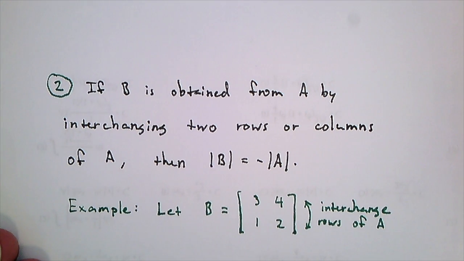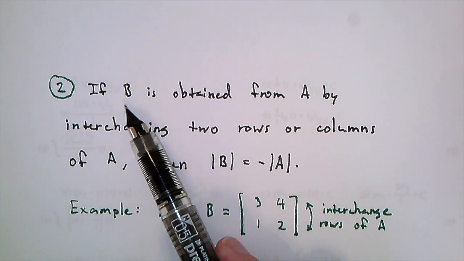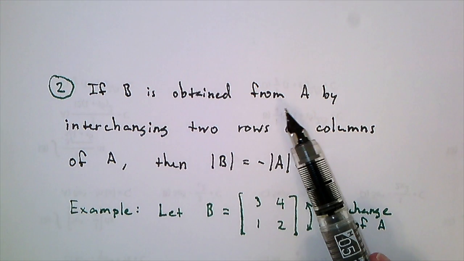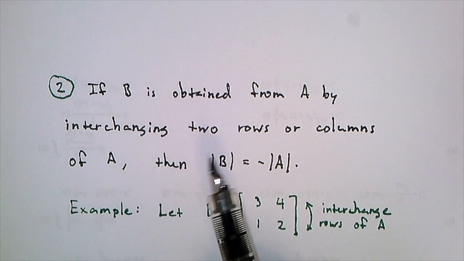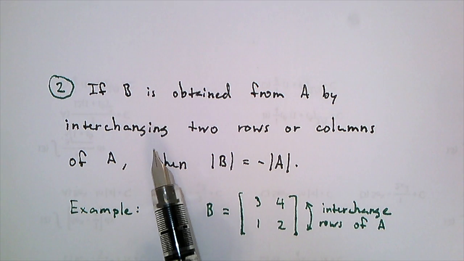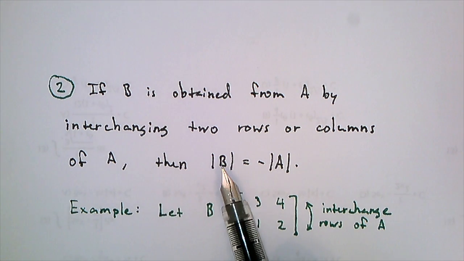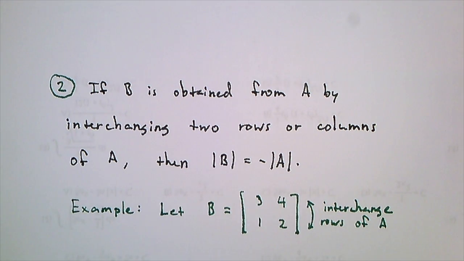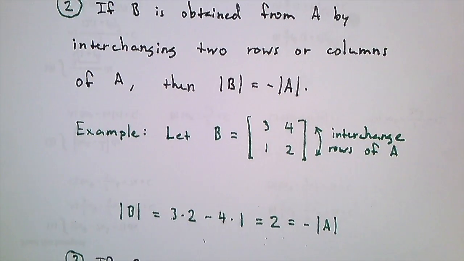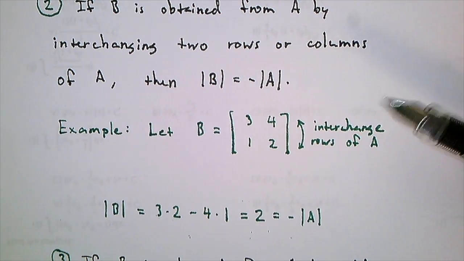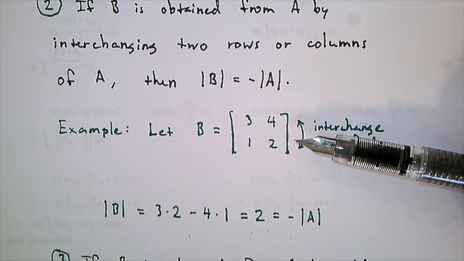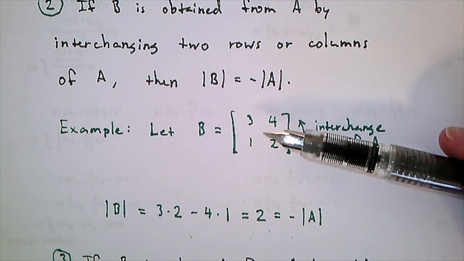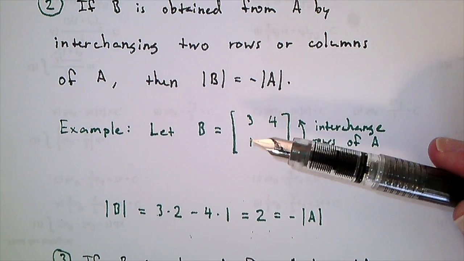Let's move on to the second part of this theorem. If a new matrix B is obtained from our original matrix A by interchanging two rows or columns of the matrix A, then the determinant of B is the negative of the determinant of A. So what we're going to do now is swap the two rows of A to get a new matrix B. Now we have 3, 4, 1, 2 instead of 1, 2, 3, 4.